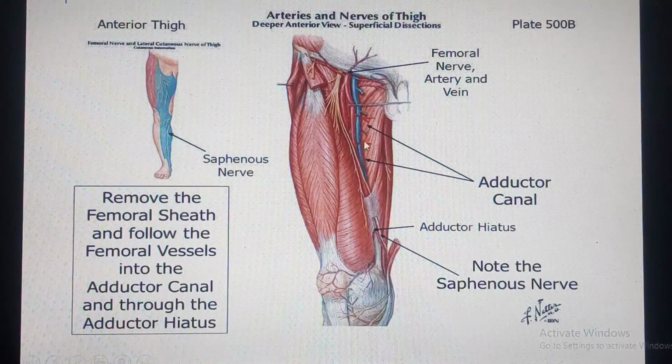So that is that one that we are going to see. But one other thing too that we have to know is that apart from these ones, after they've crossed the adductor hiatus, these structures will now change their names. Okay, after crossing the adductor hiatus, they will now be called popliteal neurovascular structures.